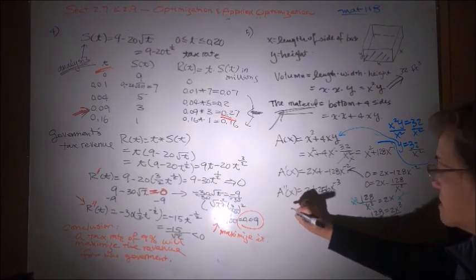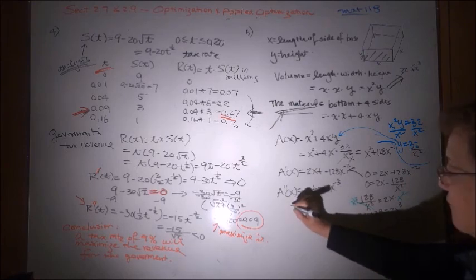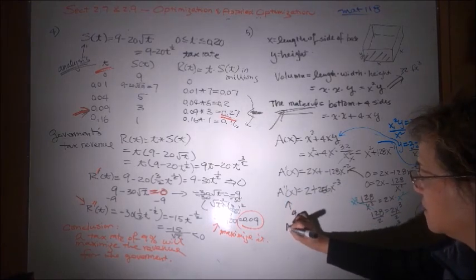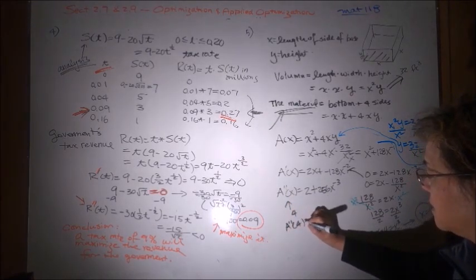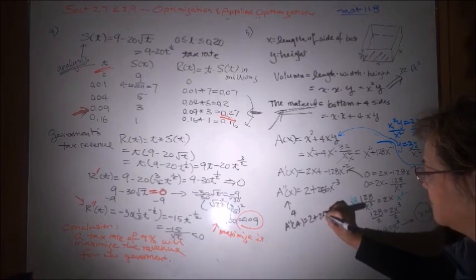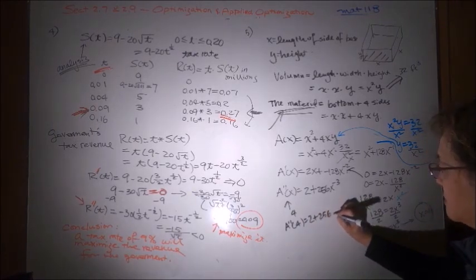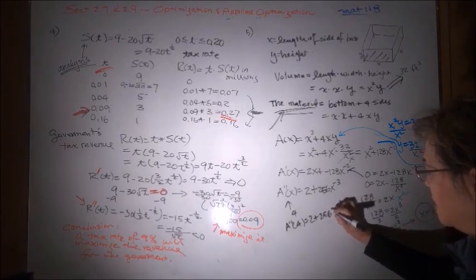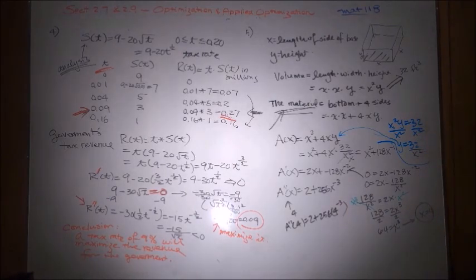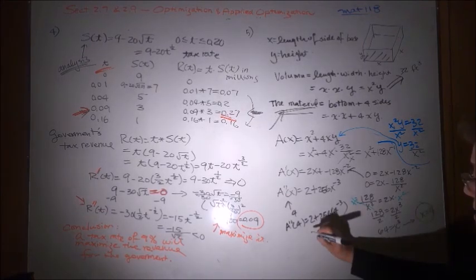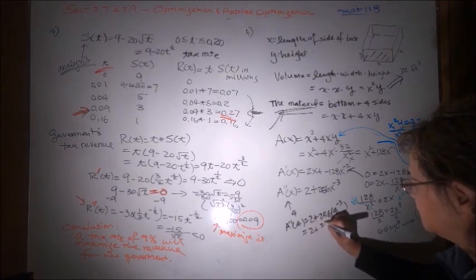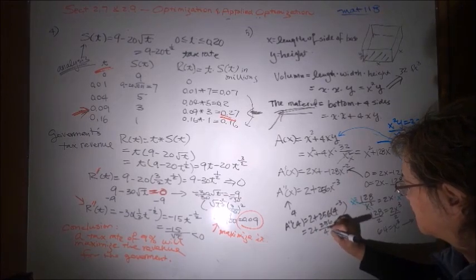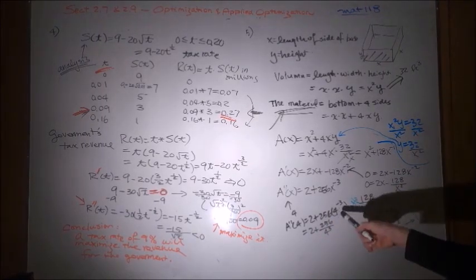So you plug this 4 into here. So A double prime of 4 equals 2 plus 256 times 4 to the negative 3 power, right? Then what do you think? That's 2 plus 256 over 4 cubed, a reciprocal.